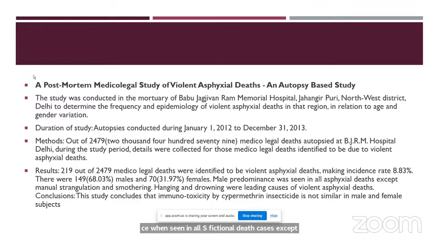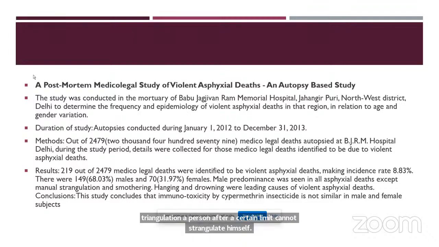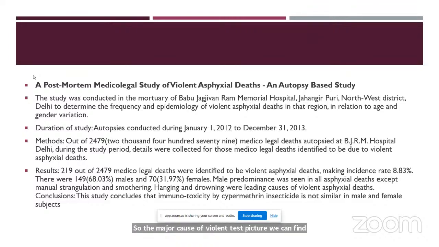Hanging and drowning were the leading causes of violent asphyxia, because it is generally possible for a person to hang himself, whereas with strangulation, a person after a certain limit cannot strangulate himself. So the major causes of violent asphyxia we can find here are hanging as well as drowning.